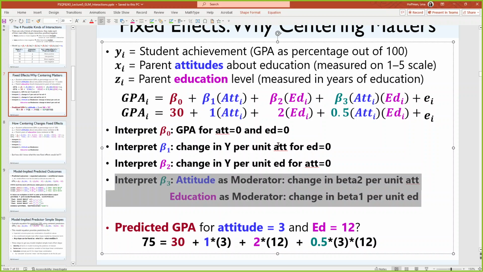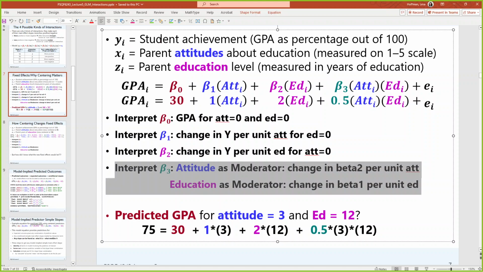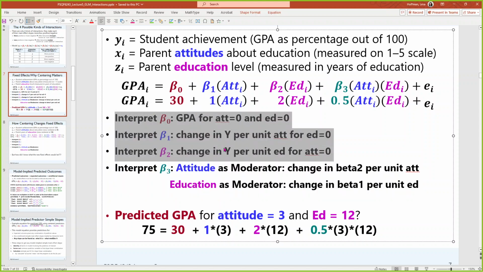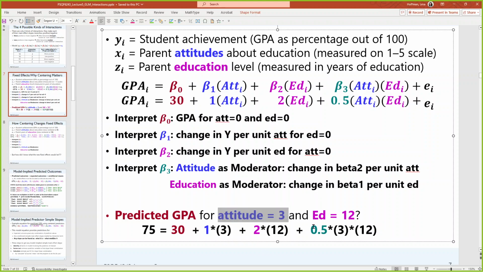But I can figure out from this model predicted levels of GPA for any kind of person. The fact that 3 of my parameters are not really interpretable does not invalidate the model. I'll still get the same R-square, the same predictions. So if I want a predicted value for a reasonable person, let's say middle of the road attitudes of 3 and high school degree, 12 years of education, I would put that into my equation.